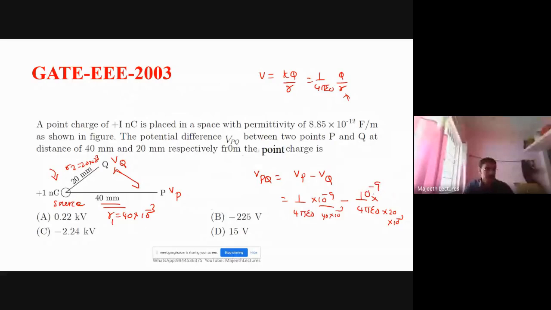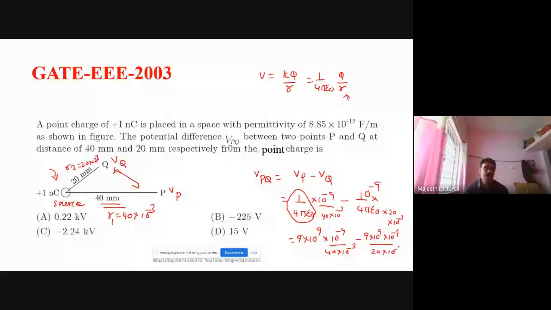Fine. So if you simplify, 1 by 4 pi epsilon naught value, you must remember, is 9 into 10 power 9. So like that you have to solve. It is 9 into 10 power 9 into 10 power minus 9 divided by 40 into 10 power minus 3, minus 9 into 10 power 9 into 10 power minus 9 divided by 20 into 10 power minus 3.